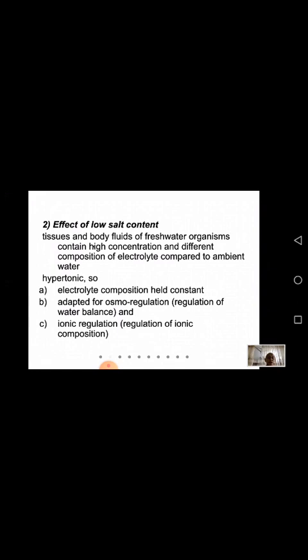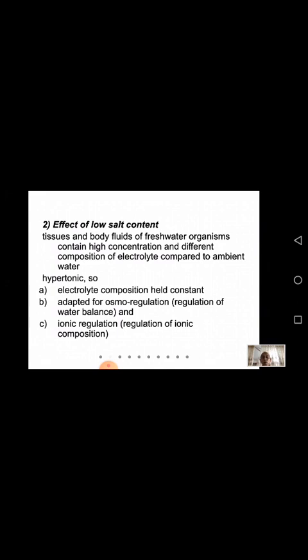Effect of low salt content. Tissues and body fluids of freshwater organisms contain a high concentration and different composition of electrolytes compared to ambient water. Of course, the tissues and body fluids do have a different concentration of components than the ambient water.